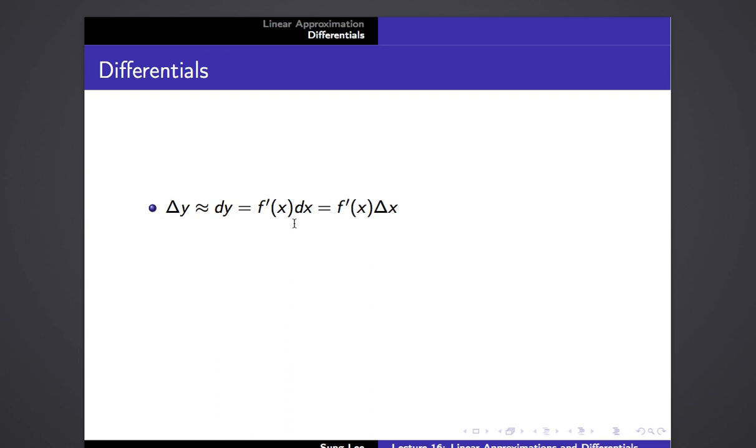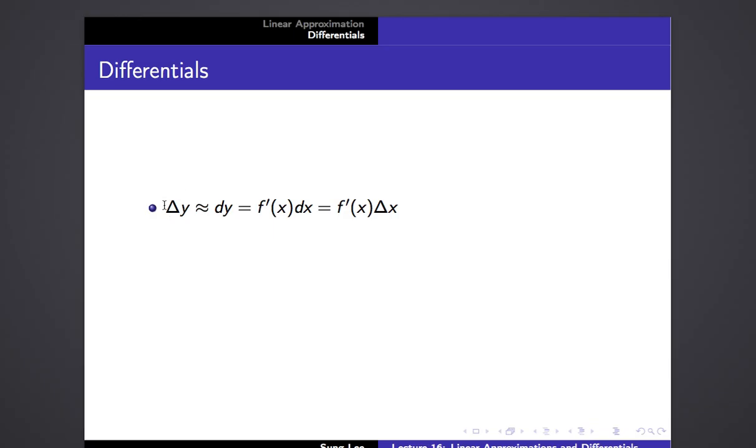Hence, we have the following, right? Delta y is approximated by dy, which equals f prime of x dx. But here dx equals delta x, because delta x is small enough, very close to zero. So delta y is approximated by f prime of x delta x.